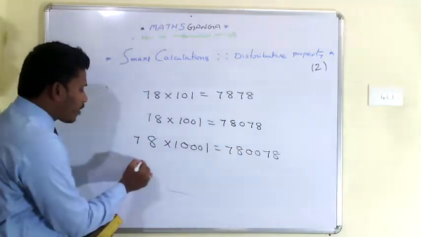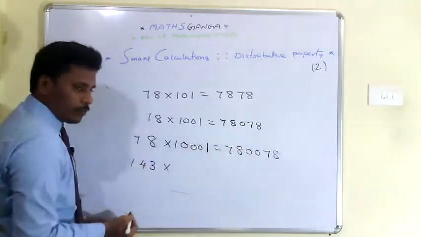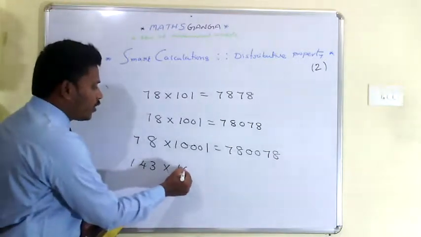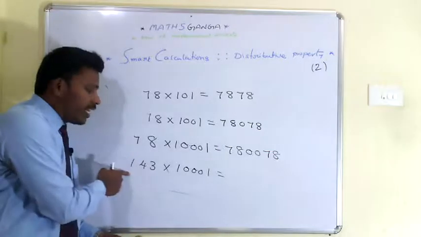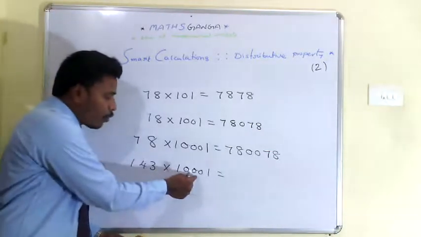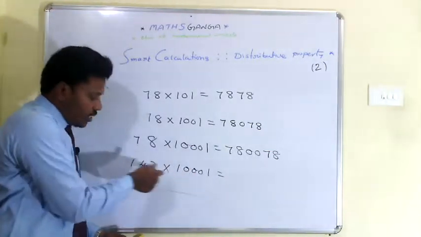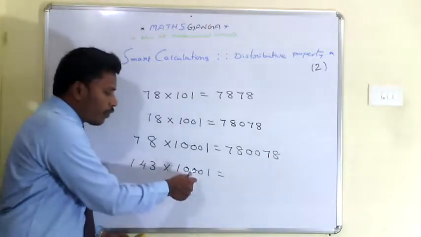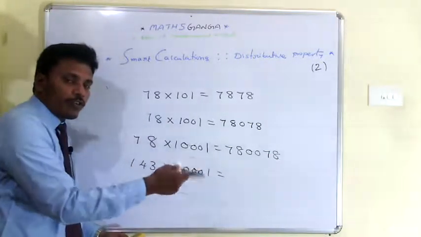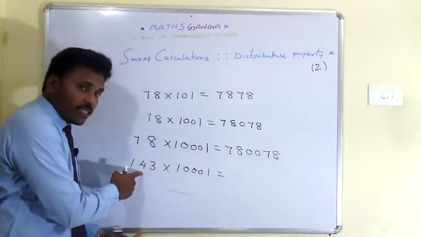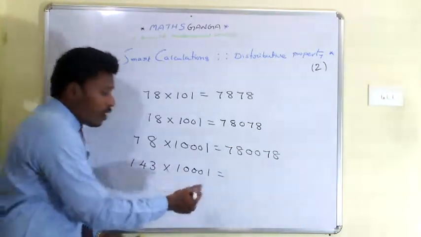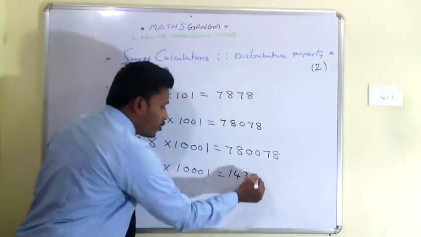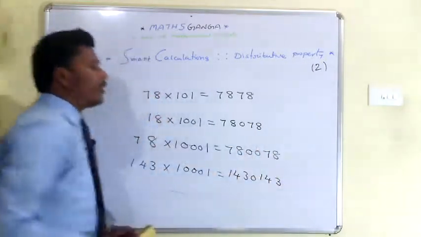In the same way, suppose I have 143 into 10,001, what will happen? If it is a 3-digit number and the number of zeros is 2, then the result is 143, 143. But here the number is 3-digit and the number of zeros is 3, so the result will be 1430143.